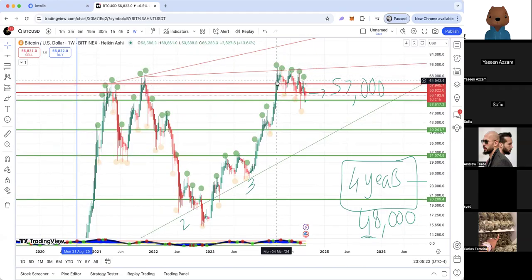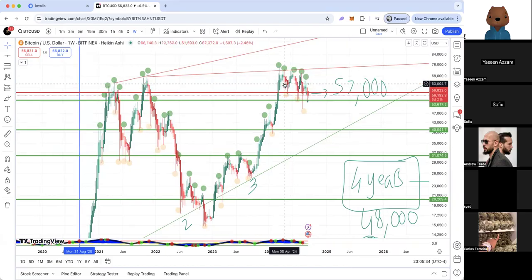It broke above resistance and now this is not a support, right? It's not a strong support because you have to think about it. If I drew this line when this price was here, we wouldn't have all this price. So it technically wouldn't be, right? So technically the last support is here. So the price didn't form a support to be able to hold this level. So that's why it kept breaking down.